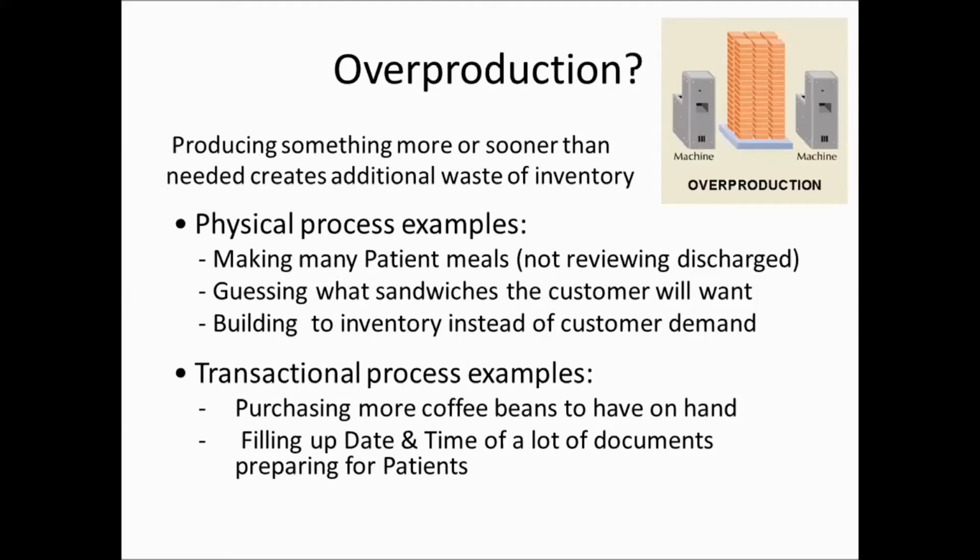Building inventory instead of responding to customer demand, so I keep all these empty paper documents that may be needed, which will make heaps of paper in the clinic. Some examples of overproduction are purchasing more coffee beans or more instruments than needed, and filling up date and time.